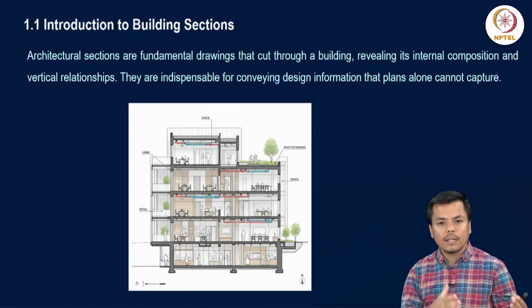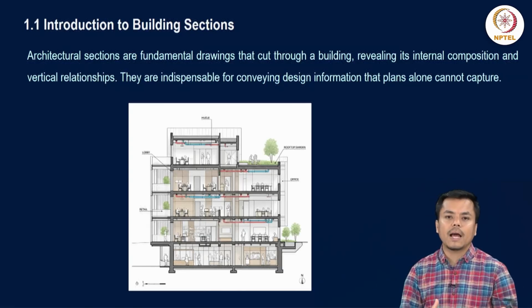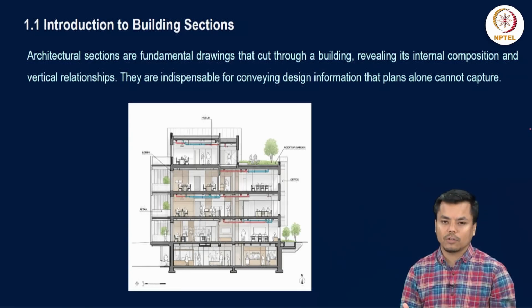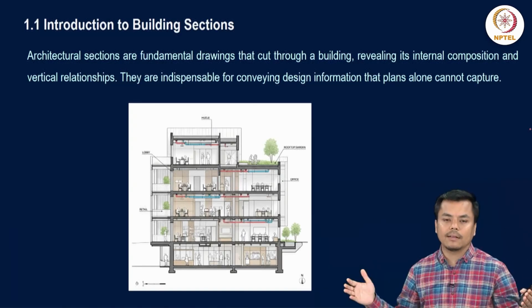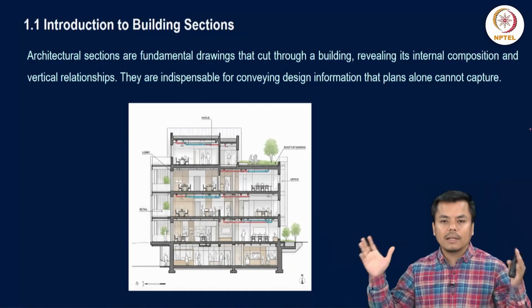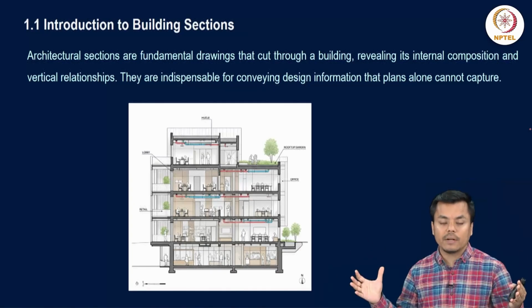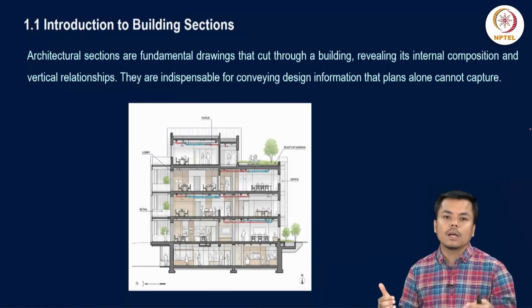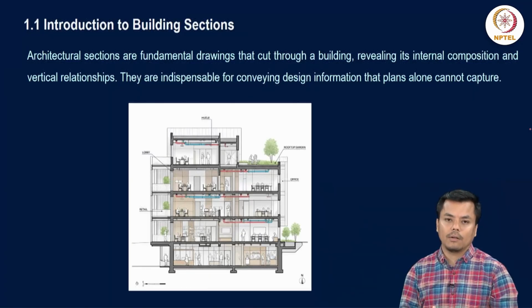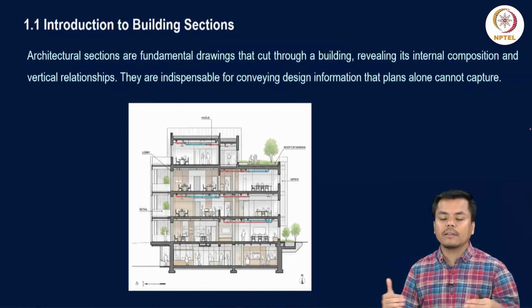So it includes information from your floor plan as well as from the elevation also, because at both the ends of the section, if there are any specific elements of the building elevation that are visible, those have to be showcased in your building section also. And also in the floor plan you have to depict the line from where the section is drafted.